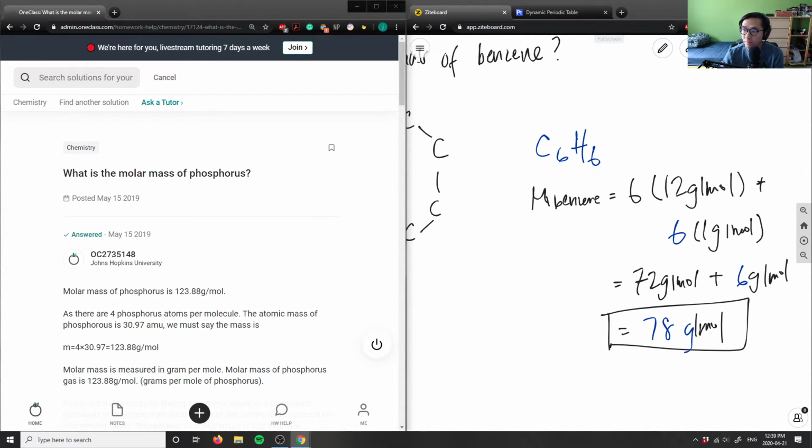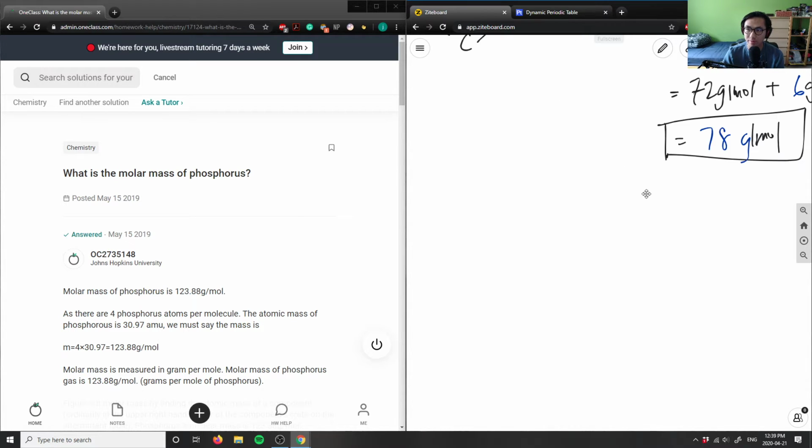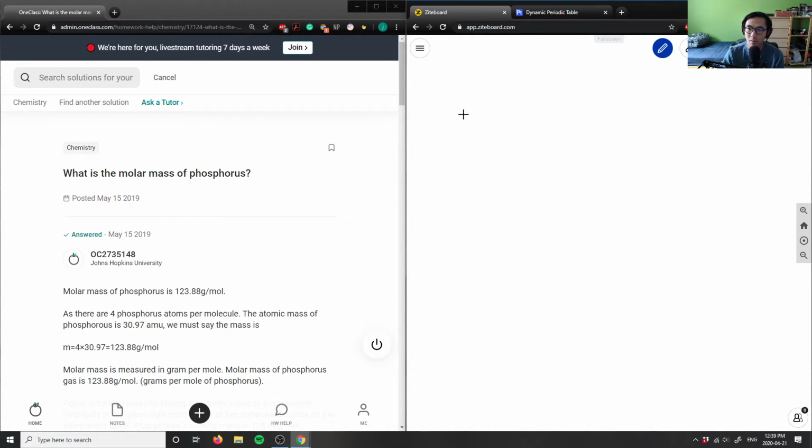Okay, so another molar mass question here. Number 6 is asking, what is the molar mass of phosphorus? So again, all we have to do is simply look at our periodic table to get this answer.